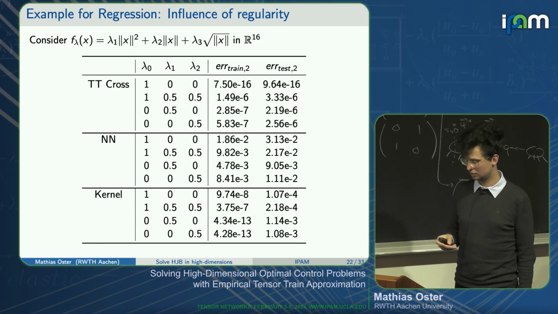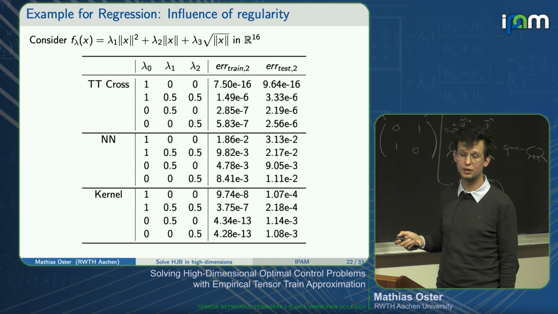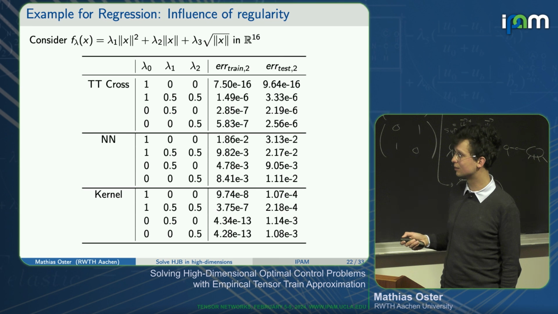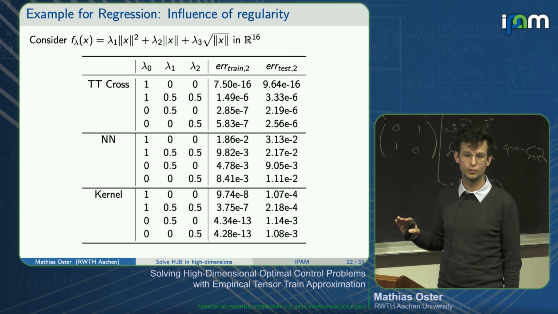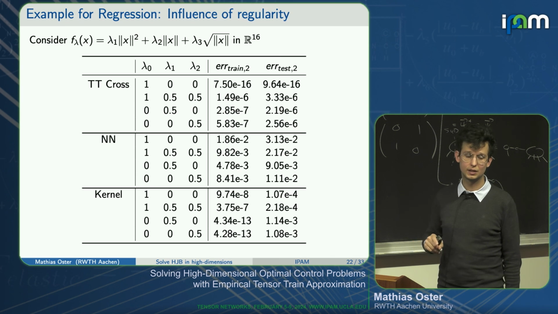This is really outperforming the other methods we used for TTs, and it works surprisingly well. 10 to the minus 6 is something you're very happy with in an approximation of functions. And if you compare it to the neural networks and the kernel methods, you can see that we outperform them quite a lot. Especially in the neural network setting, they were really big. The numbers of degrees of freedom were much bigger than in the tensor case.